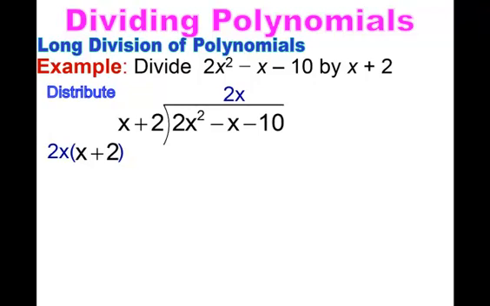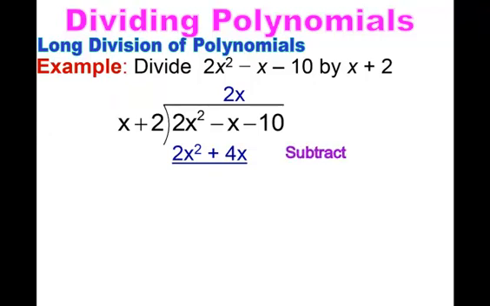So you have 2x times x is going to give you that 2x squared, and that's what you wanted. And then you have 2x times 2, which will give you plus 2x. So now you did the multiplication part, and the next step is to subtract. So the next step in long division after you multiply is to subtract.